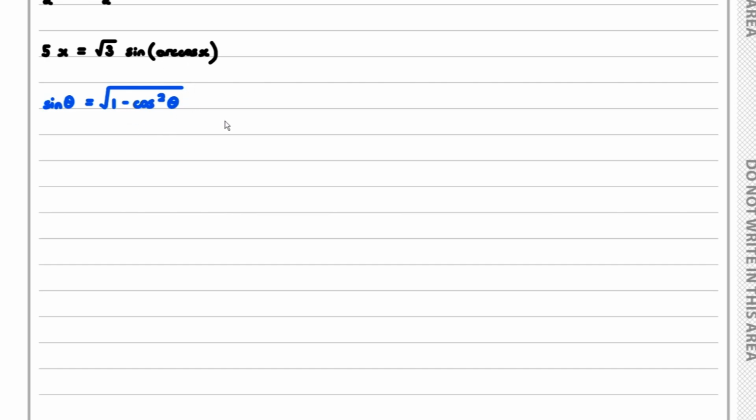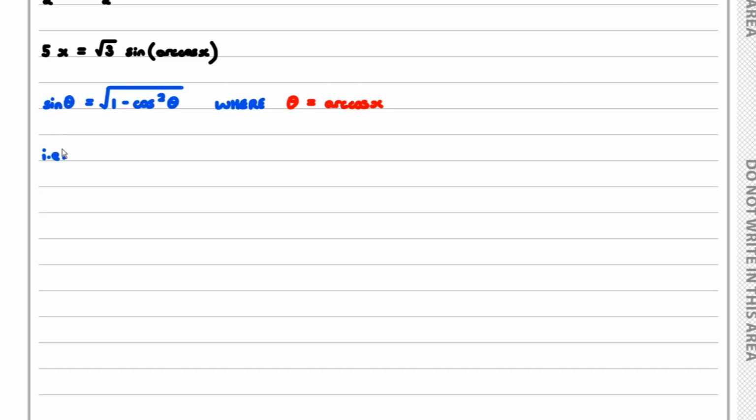And we can do that by making a substitution of theta equaling arc cos of x, because that's what's in this bracket here. So we've got the sine of theta being sine of arc cos x, where theta is arc cos x.